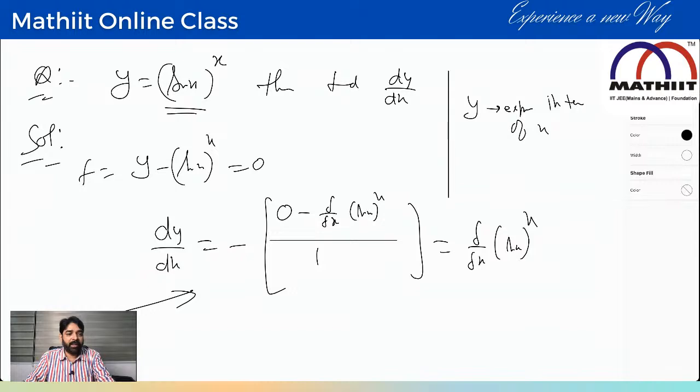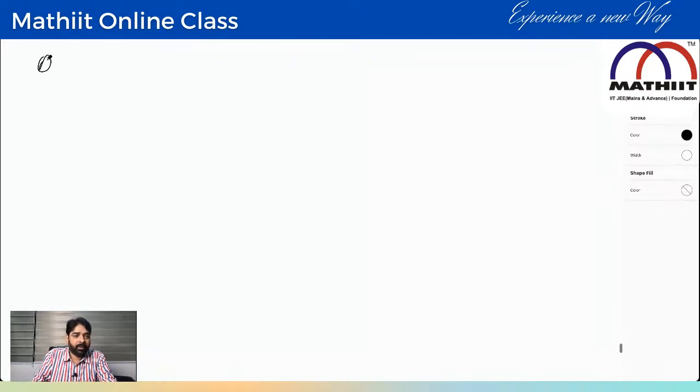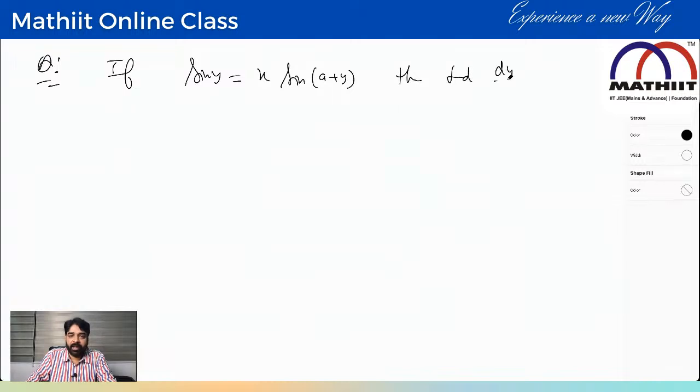One question, everybody do it and let's see whether you are able to solve or not. Write the question, everyone. If sin y equal to x into sin a plus y, then find dy by dx.